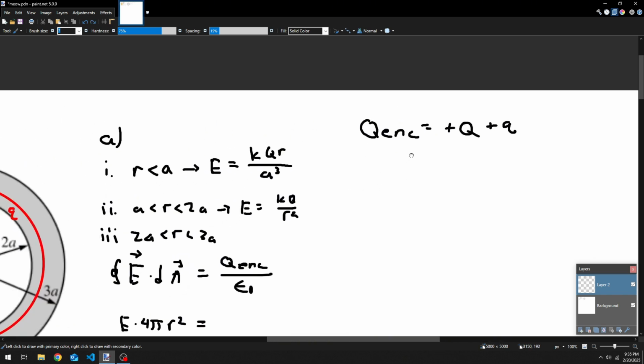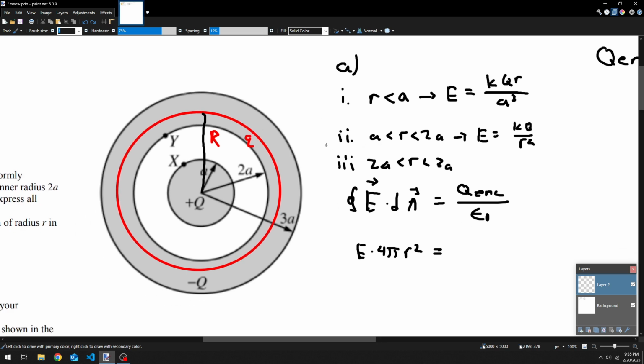And to find q, we can use the same concept from earlier about uniform charge density.